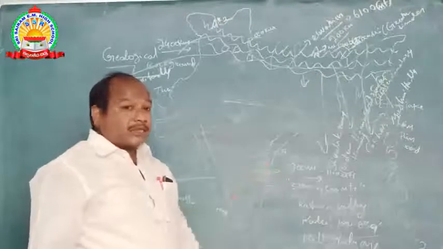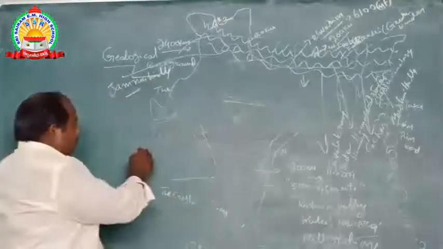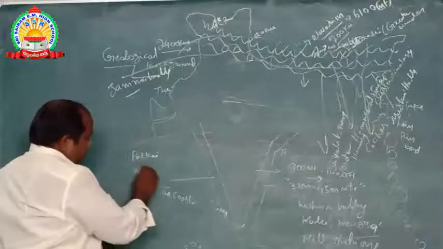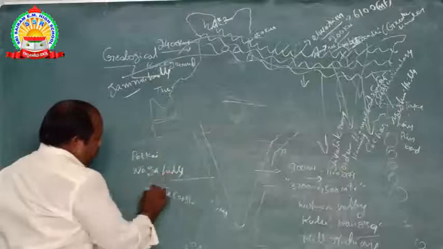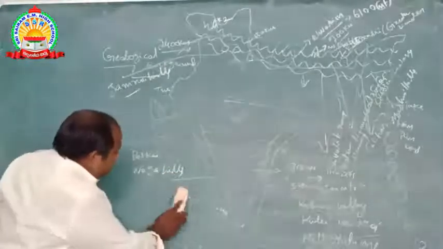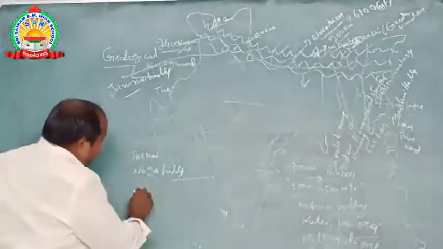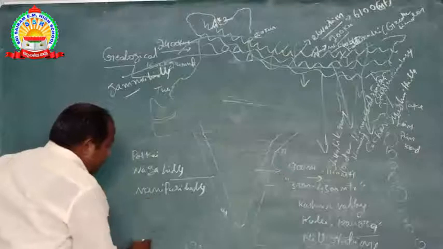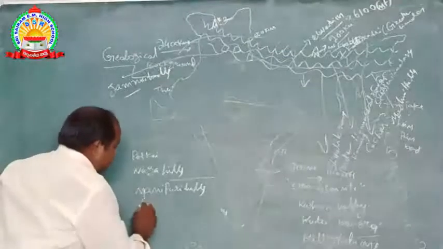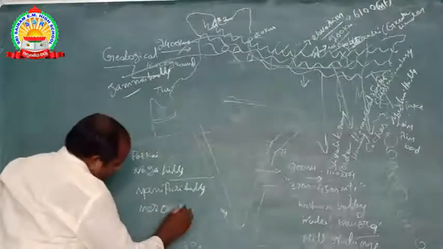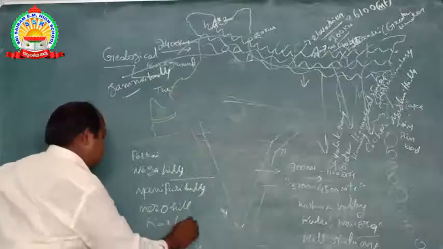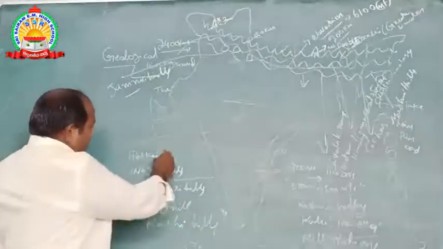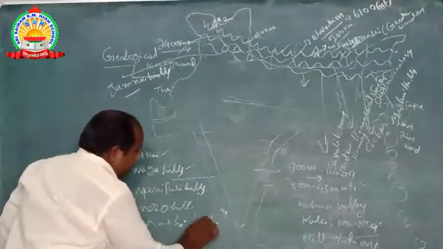Regionally, these ranges are also called by regional names: Patkai, Naga Hills, Manipuri Hills, Mizo Hills, Kashi Hills.